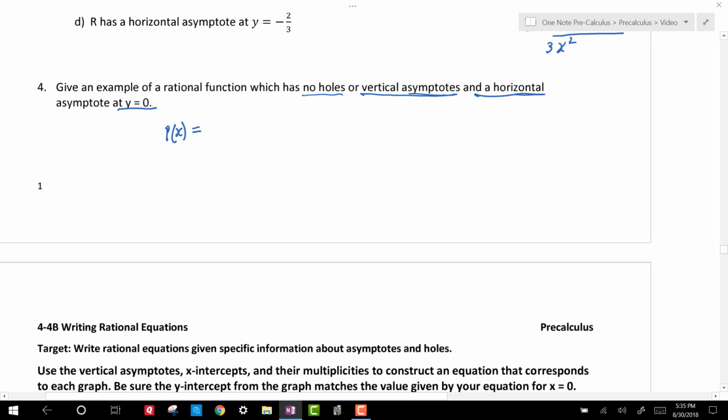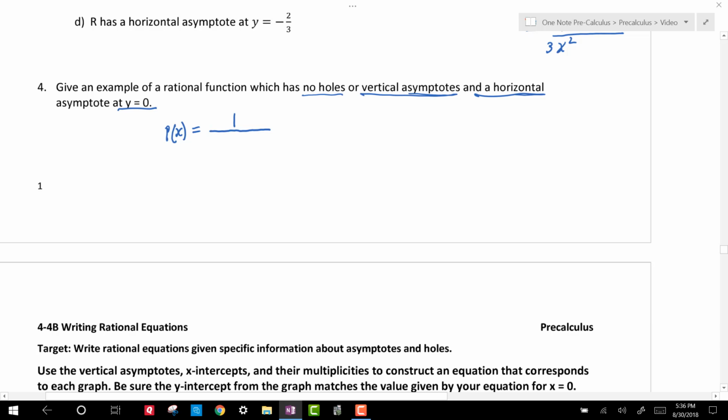I know that because it has a horizontal asymptote at y equals 0, the degree of the numerator has to be less than the degree of the denominator. There is nothing in here that says I have any x-intercepts, which means I don't even have to have an x in the numerator. So I'm just going to put a 1 up there. Because no holes means no x's in the numerator.